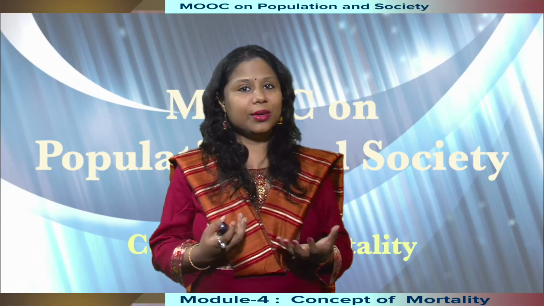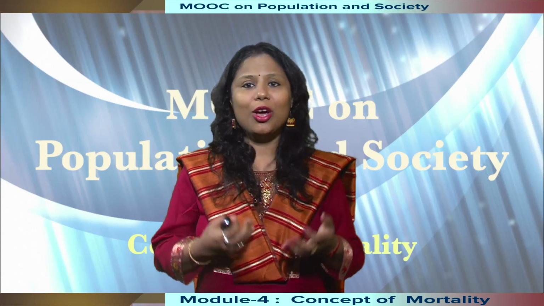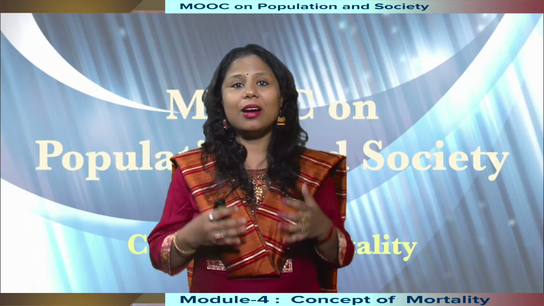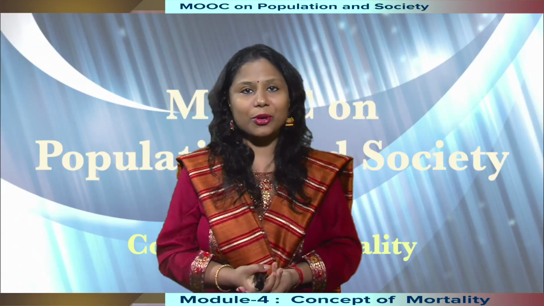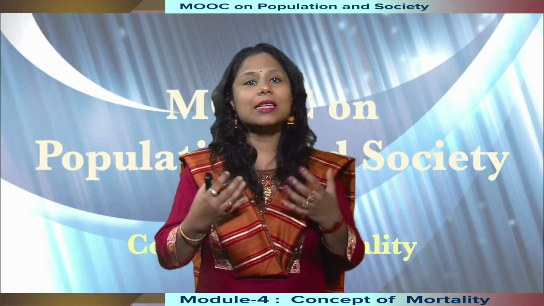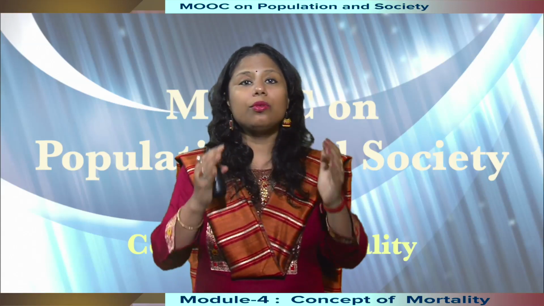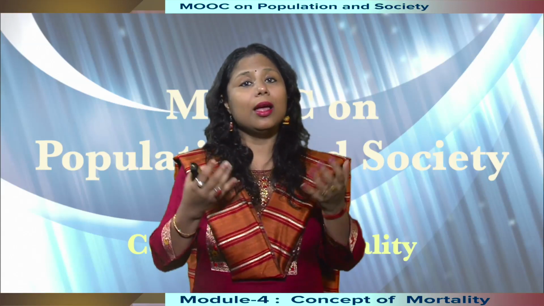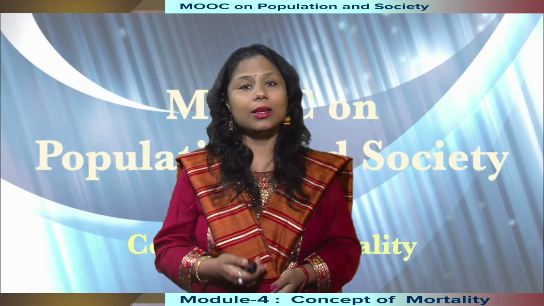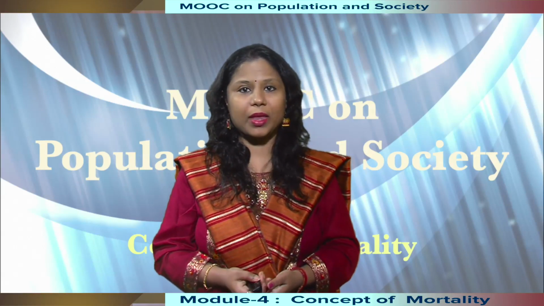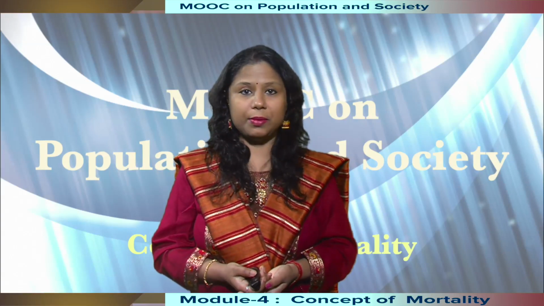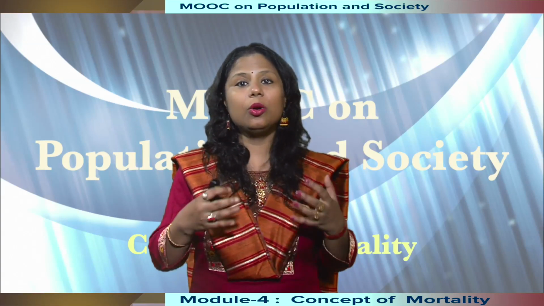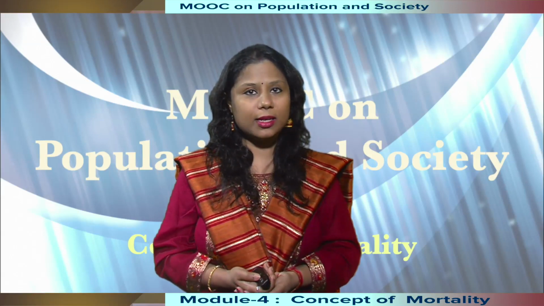So, dear learners, from this discussion, we have learned that there are different factors which lead to differences in mortality rates. Let us now try to understand the overall mortality situation across the globe and in the context of India. According to the World Health Organization estimate, there has been a global increase in life expectancy.